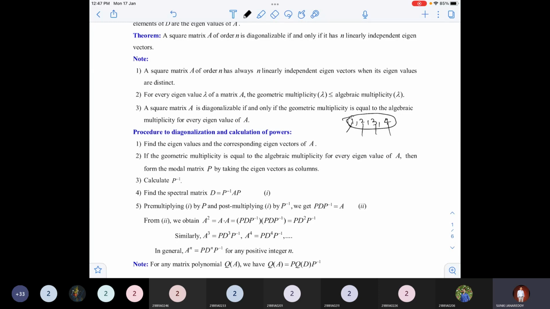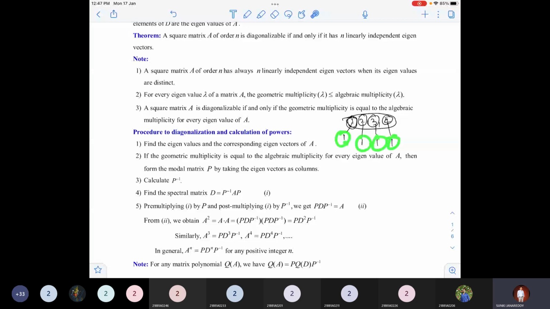What is the algebraic multiplicity of 1? 1. Of 2? 1 only. Of 3? 1 only. Of 4? 1 only. But these are all distinct, so we can get linearly independent eigenvectors for them.